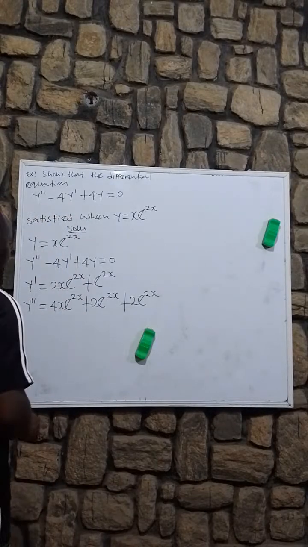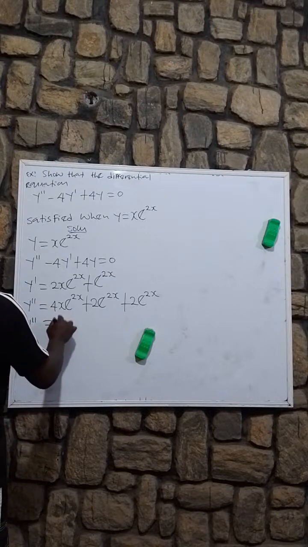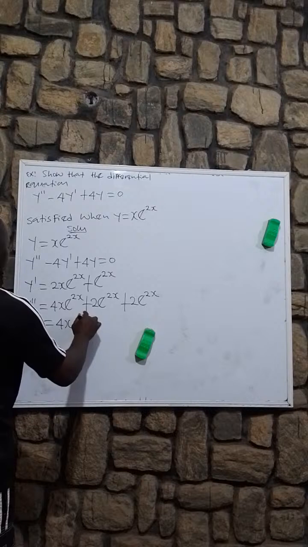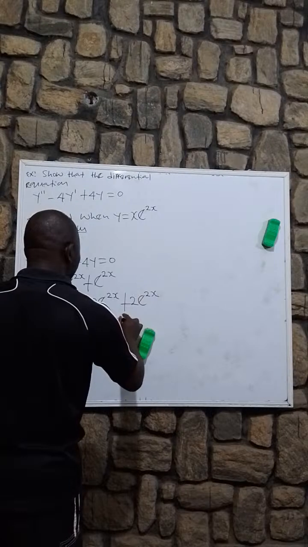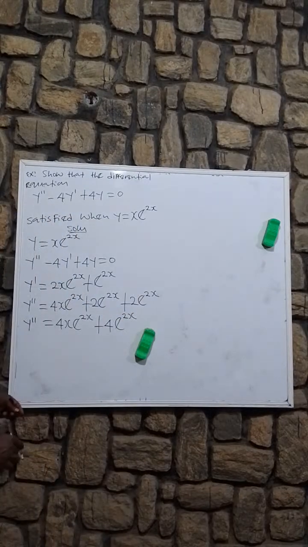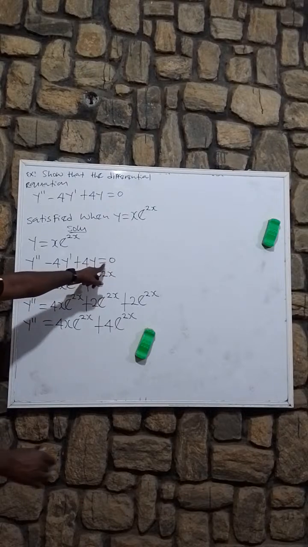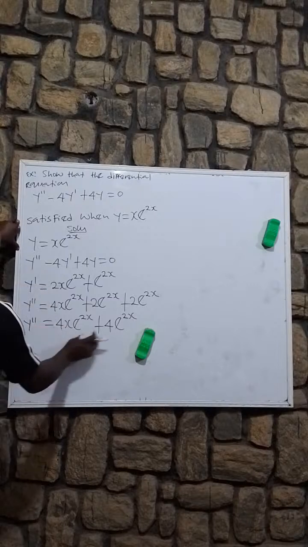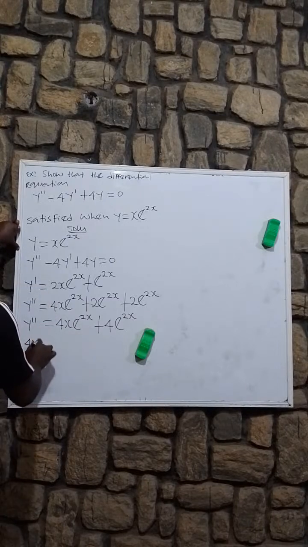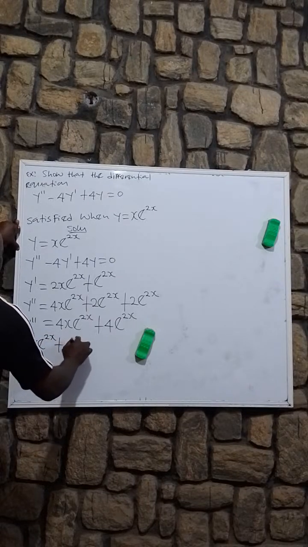So y double prime is 4x exponential 2x plus 4 exponential 2x. Then we substitute this here and this here, to check whether the left side equals 0.